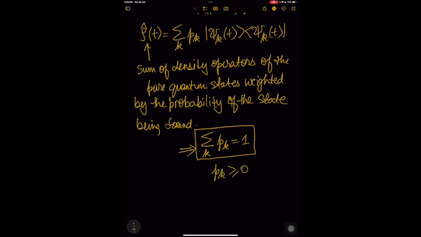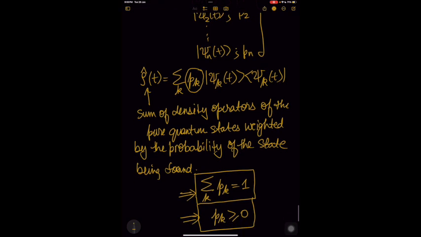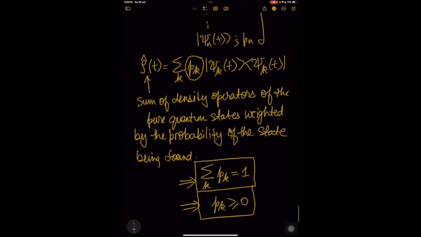You cannot have negative probabilities, that is obvious. So these are the two criteria for this particular probability coefficient. For mixed quantum states, the density operator can be described as such. It is just a statistical average of the density operators of the various pure quantum states.